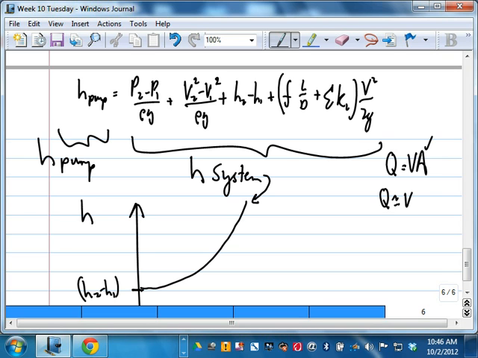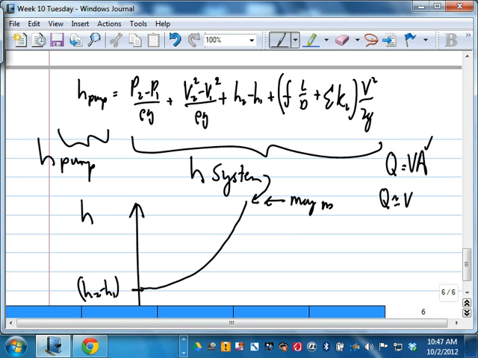So, this H2 minus H1 plus that F L on D, sum of K, V squared on 2G. It may not be exactly parabolic because F might change slightly with Reynolds number. So it may not be exactly parabolic. But never mind. It looks something like this.